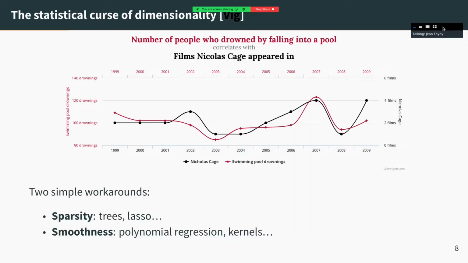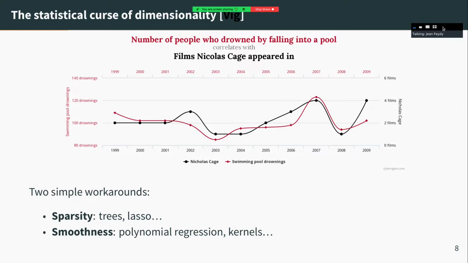Okay, so maybe a second example: there is a full website dedicated to spurious correlations. If you go there, you will find, for instance, that across the last 20 years, the number of people who drown by falling into a pool is very highly correlated with the number of films that Nicolas Cage starred in.